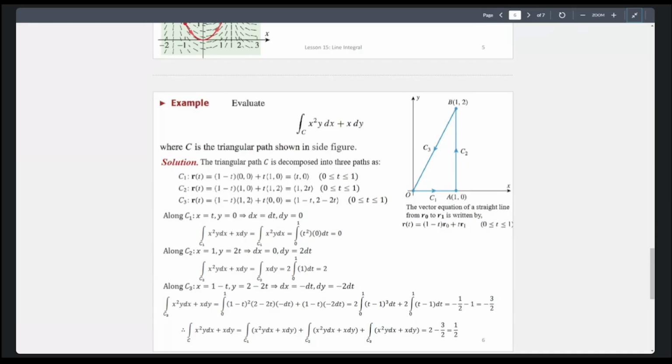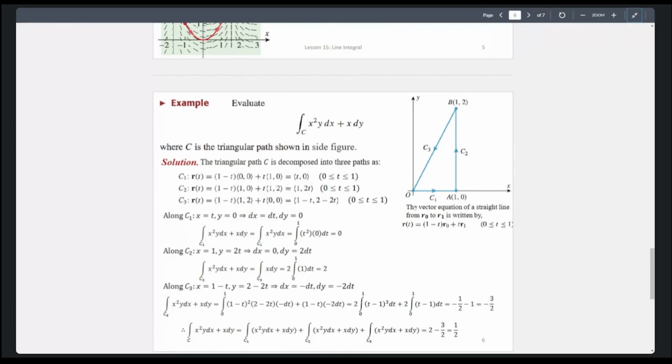Now, doing this process of solving the line integral along these three edges is a little bit lengthy process and it takes a long time, in other words, to complete this line integral.